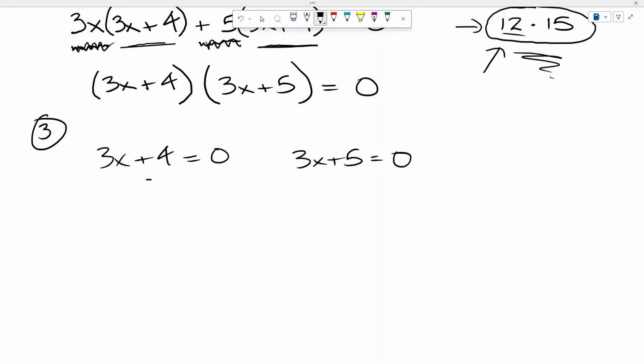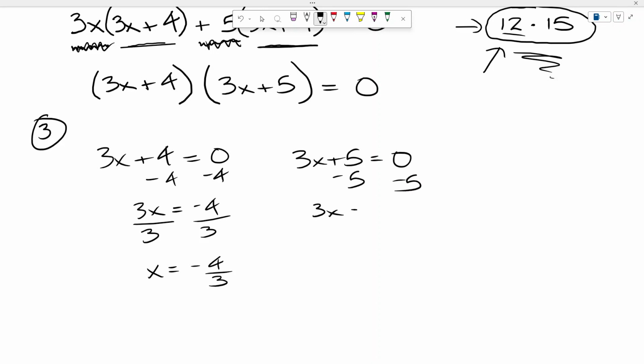Okay, so if we subtract the 4, 3x equals -4, and then divide the 3 out. So we have x equal to -4/3, and then subtract the 5. And we'll get another negative fraction.